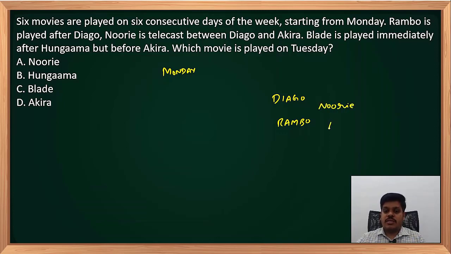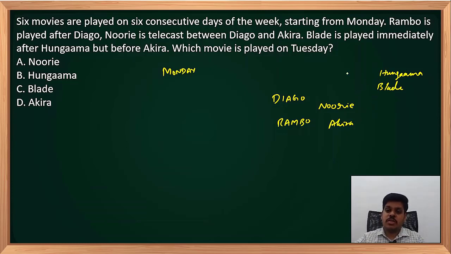Then Akira is there. Blade is played immediately after Hangama but before Akira. So immediately after Hangama it is Blade. So it must be before Akira.